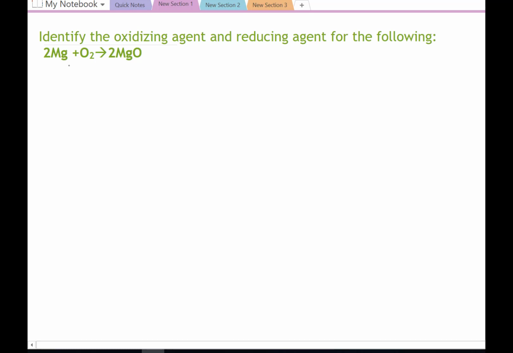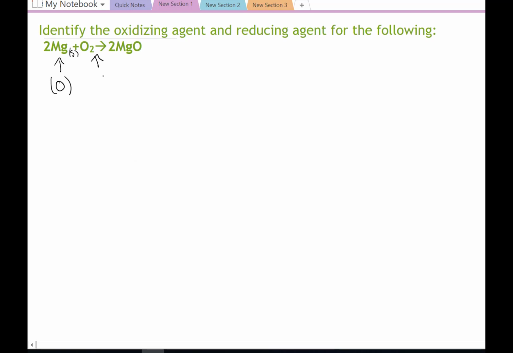Now we remember rule 1. There's no charge on it, so we know it's magnesium solid, or magnesium metal. So if we have magnesium metal, this is therefore the oxidation state of 0. Anything that's a diatomic is also 0, so that's 0.